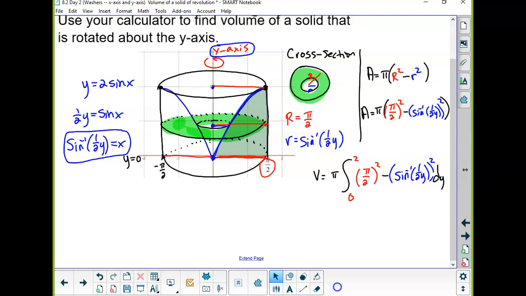Again, leave pi out of your answer until the end. And you should make sure you're in radian mode as well, because we're doing trig functions here. If you're not in radians, it'll screw everything up.